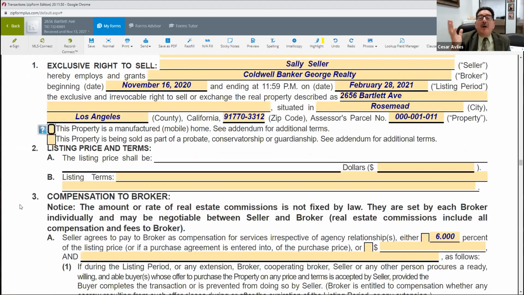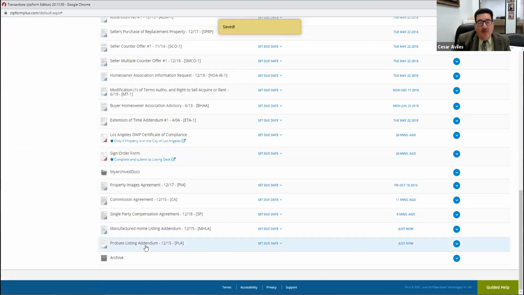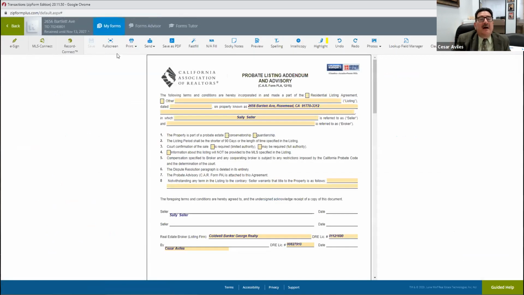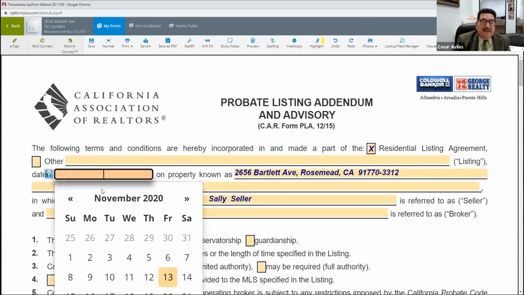Now, if this property was a probate, right? Look at this one. I click over here and it gets me another addendum. Let me show you. If I go back to all my forms, now I have the probate listing addendum, and it tells me that this is a probate listing addendum and advisory, and it is attached to the residential listing agreement that we dated today.